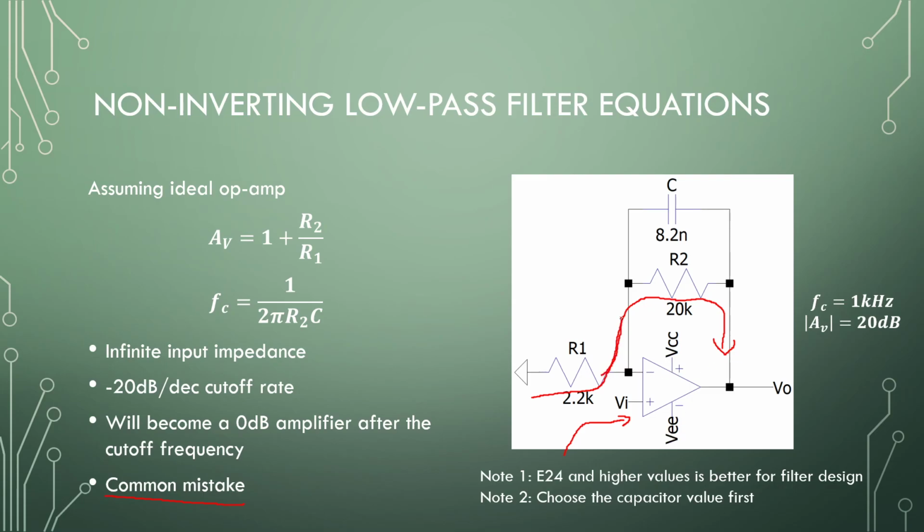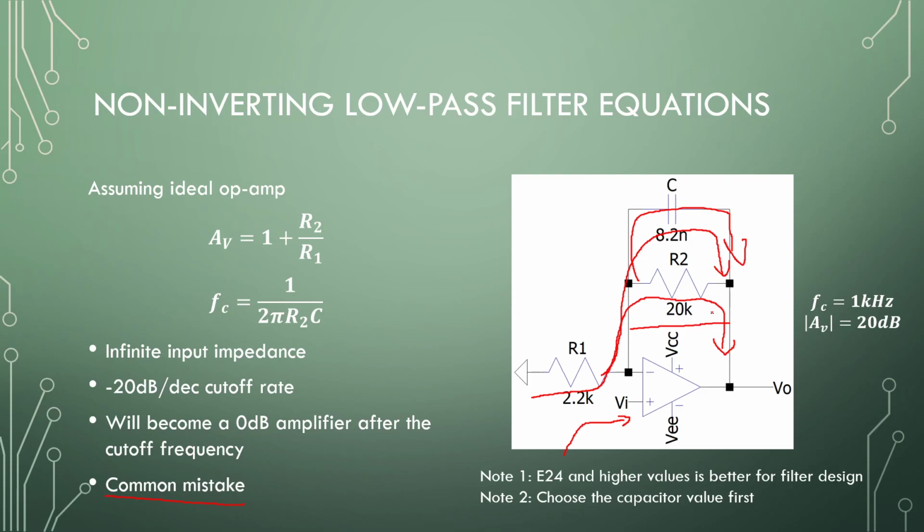Then when we start to reach cutoff, we have both of these components active. But at some point, more current will pass through the capacitor than the resistor, and this capacitor will look like a short, making this a buffer circuit. So we will have passband gain, cut off, and then 0 dBs out.